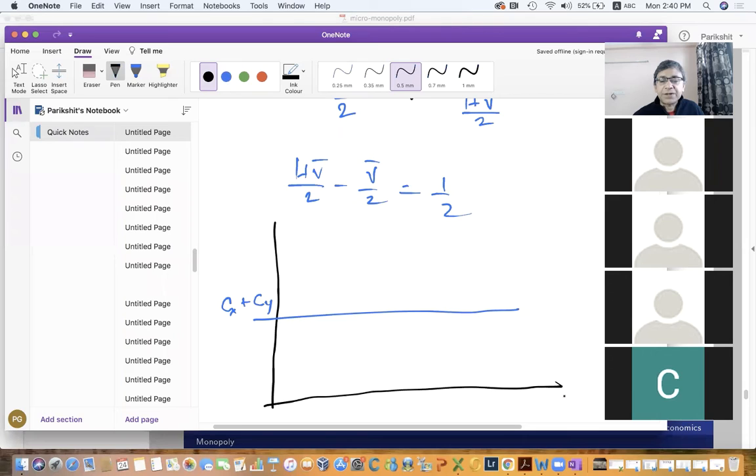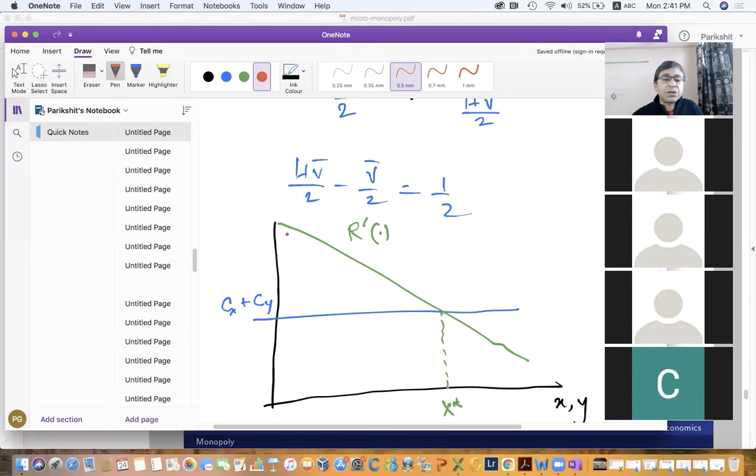On this axis, I'm measuring output, X or Y. This is my marginal revenue curve. Wherever that intersects, that's X star. Post-merger, the single consolidated firm will choose this value: marginal revenue equals marginal cost.